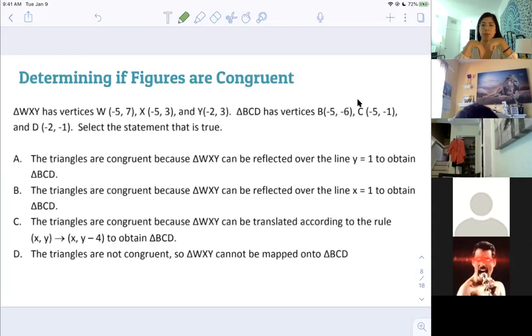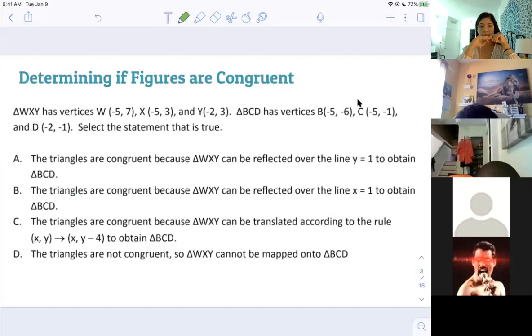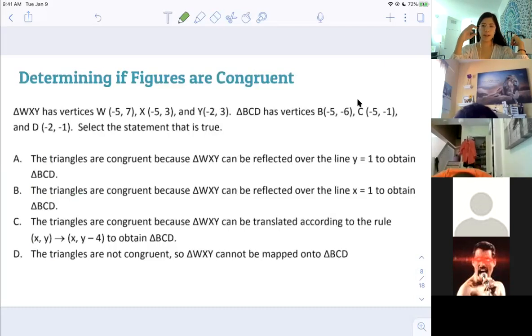I'm just missing one more person. That last person has 5 seconds to make a choice, even if you're guessing. 5, 4, good.